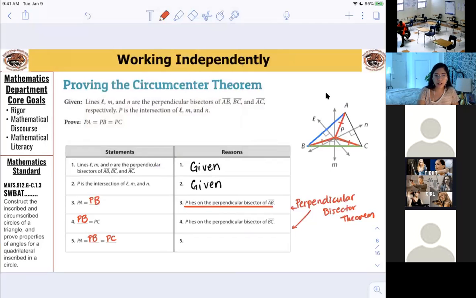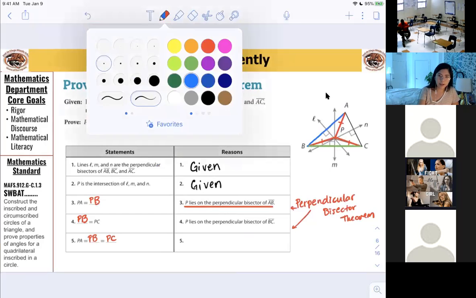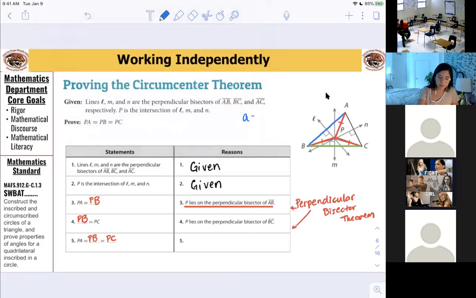What did I do algebraically here? Think about this, guys. If A equals B and B equals C, I can say that A equals B equals C. What is the mathematical, algebraic reason why I can say that statement?